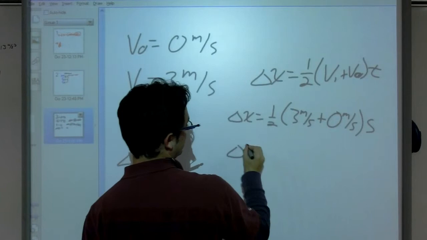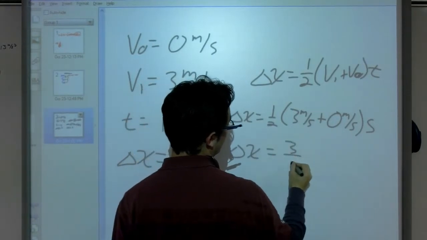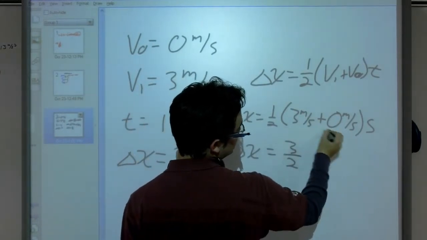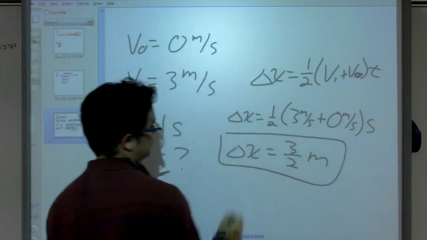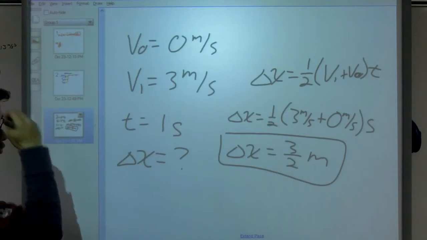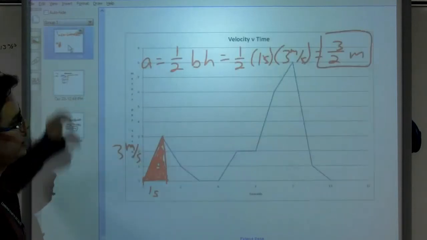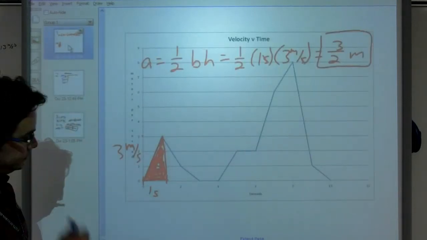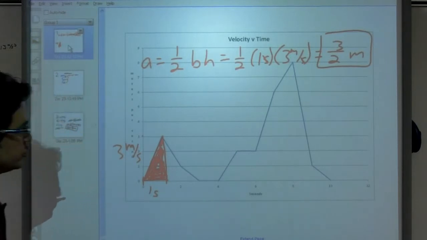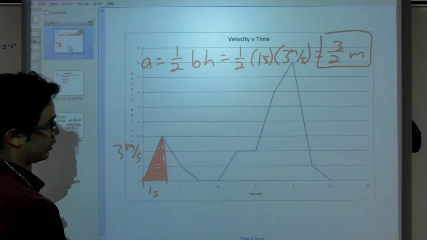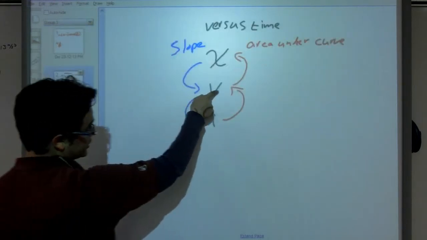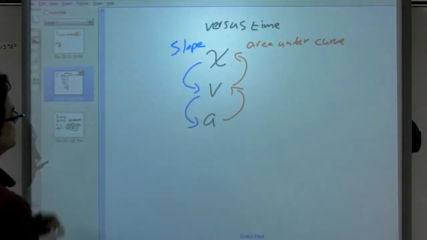I end up with delta x equals 3/2. These are meters per second, canceling out with the seconds, meters. So our kinematic equations, which we're used to using, tell us the same thing. With our approach to seeing it on a graph, we can actually find the area under the curve. The velocity versus time graph gives me my displacement.